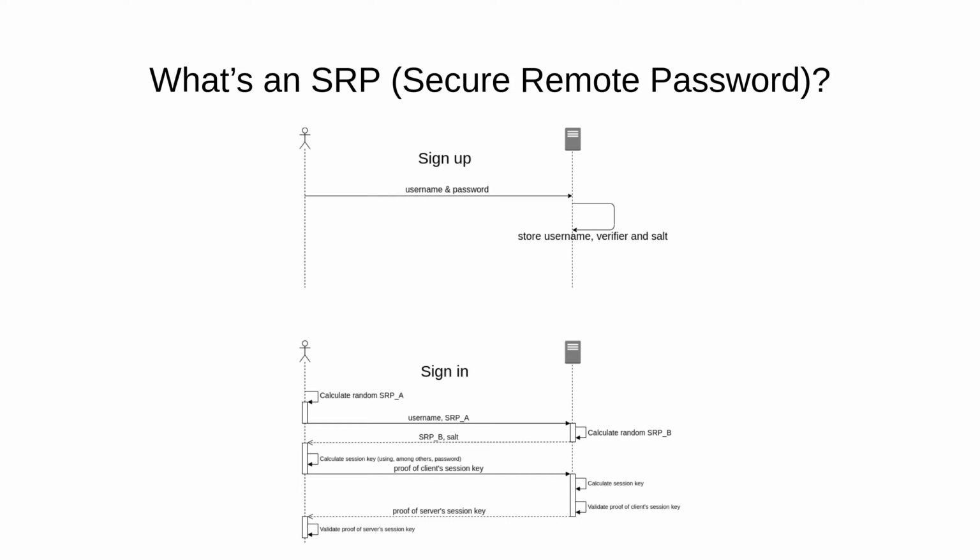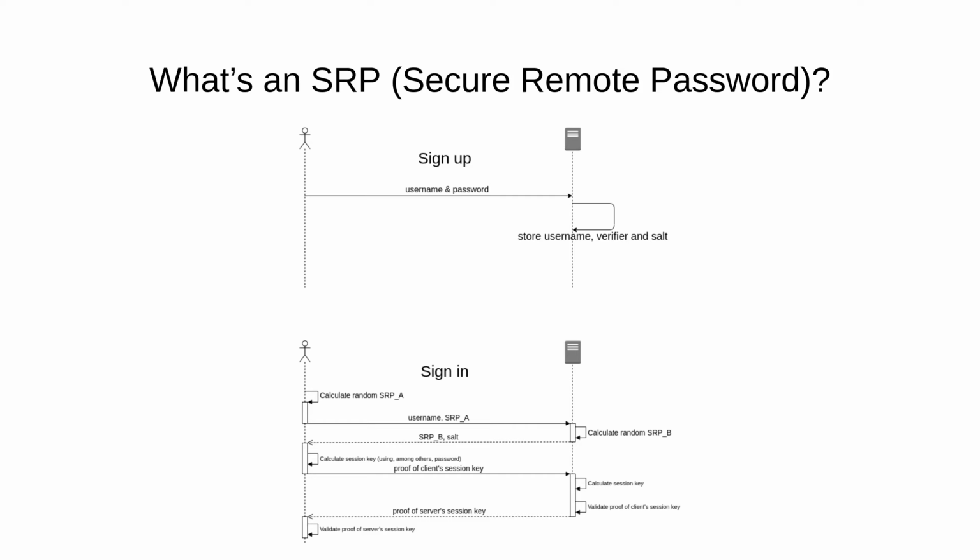So we provide a username and password, which we send to the server. The server then calculates a special value called verifier and uses the password that we send to calculate the verifier. And it also creates a random salt and stores everything in a database. So the username, the verifier, and the salt.